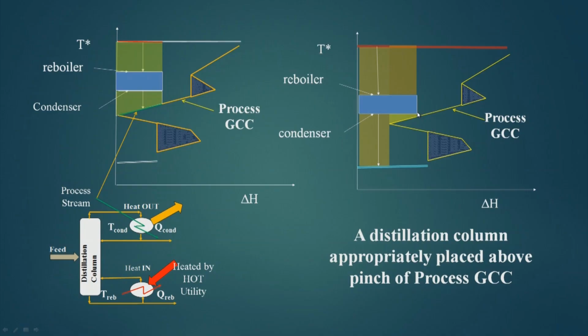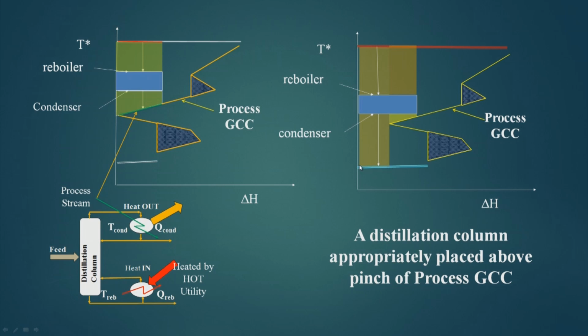Now, this second case shows that the integration can be like this, but this is not considered a very good integration, because the hot utility requirement increases. The hot utility goes to the reboiler and then to the condenser, and the condenser sends this heat to the cooling water, which is a cold utility.